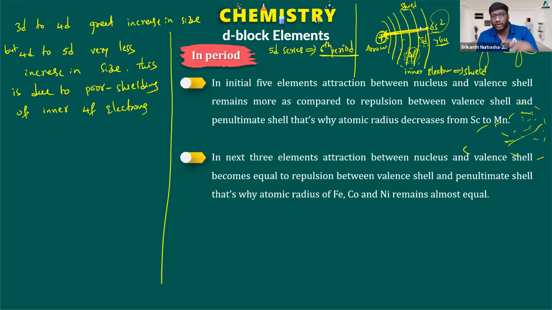You have a shield, but that shield is a very poor shield, because it has a lot of holes. So because of the shape of the f orbital, the f orbitals are dispersed in space. They cannot shield the outermost electron. So the outermost electrons are attracted greatly toward the nucleus.